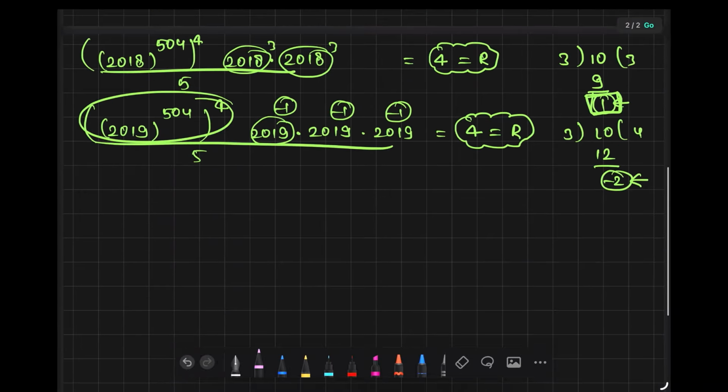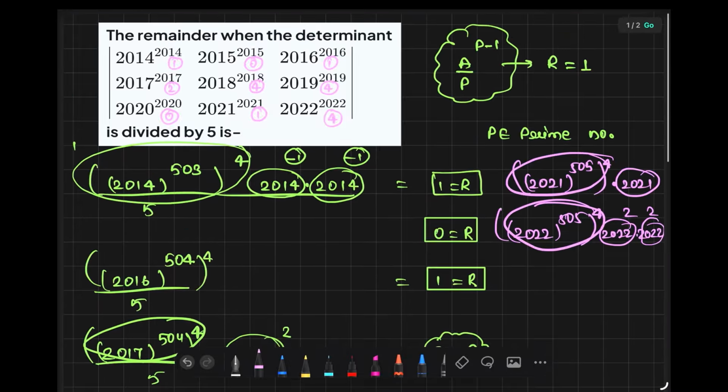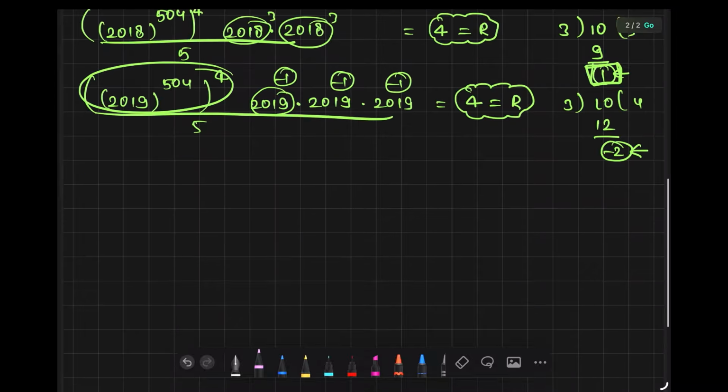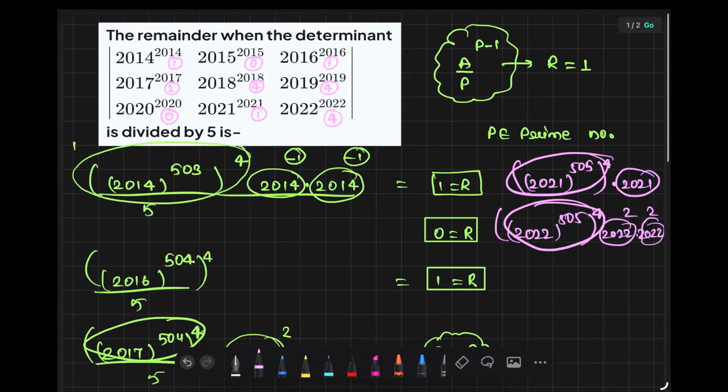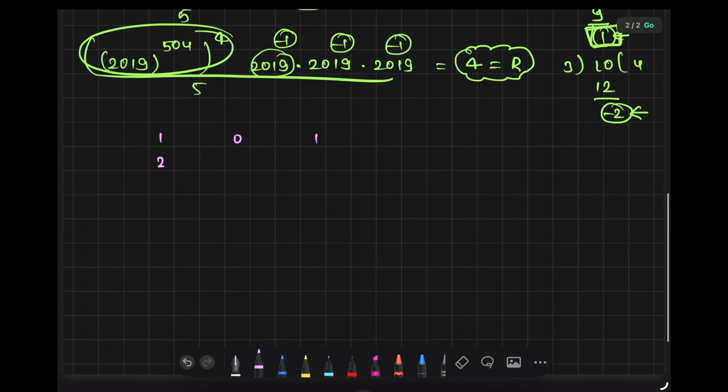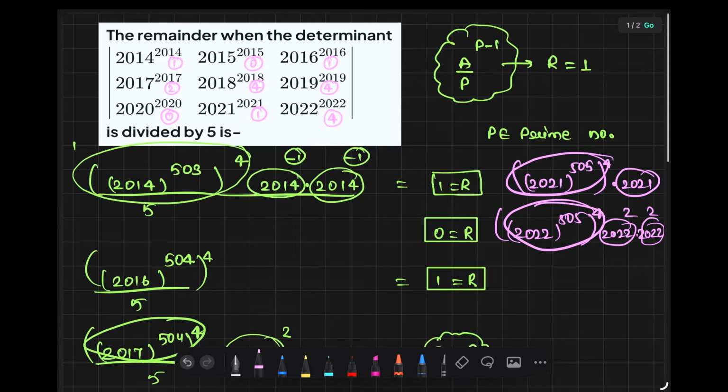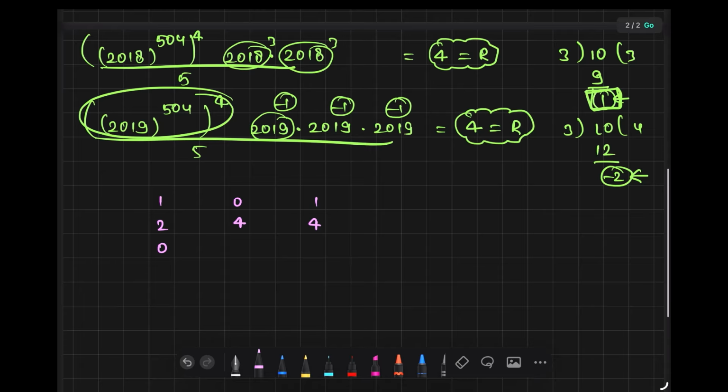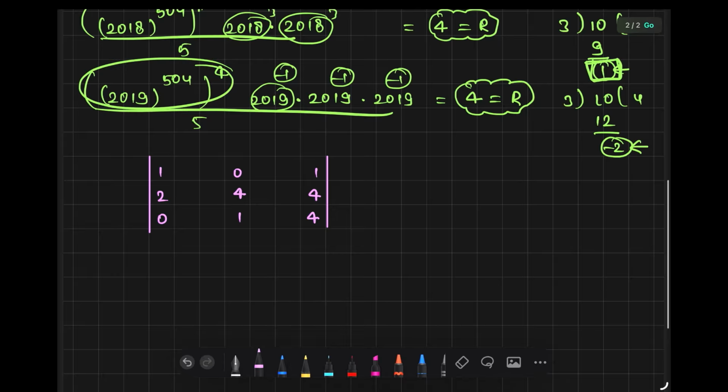Now you can go with this idea. So the matrix is 1, 0, 1; 2, 4, 4; 0, 1, 4. Now you have calculated the remainders, now you can find its determinant. Now I'll open this determinant.